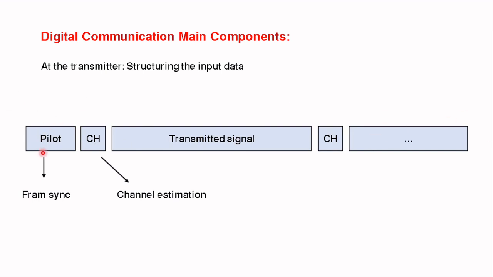The pilot for synchronization is used so we can know where our signal starts, and the pilot for channel estimation can be used to compensate the effects of the channel at the receiver.